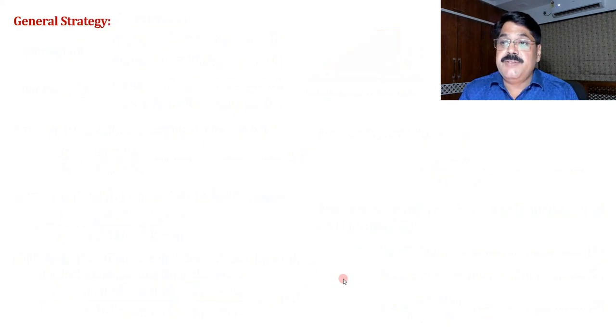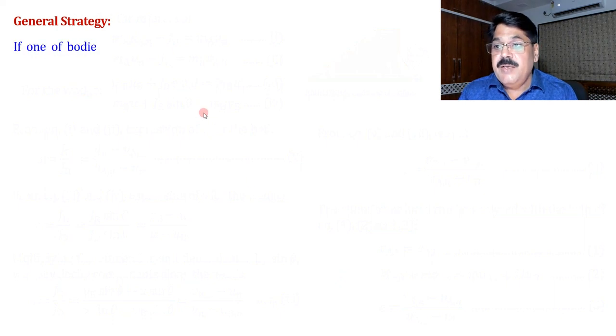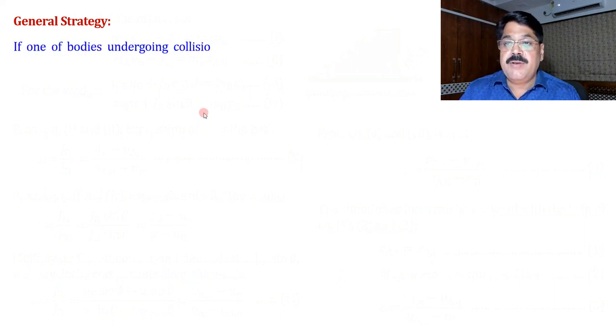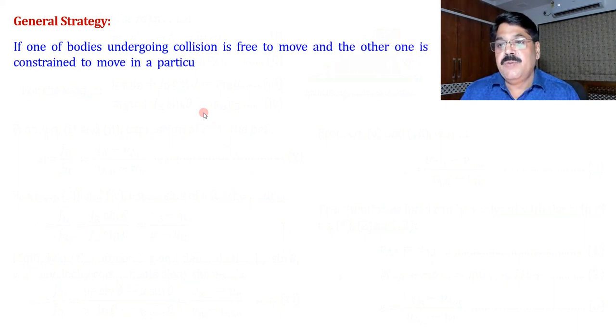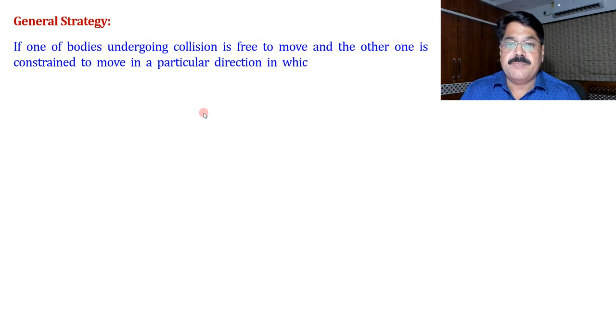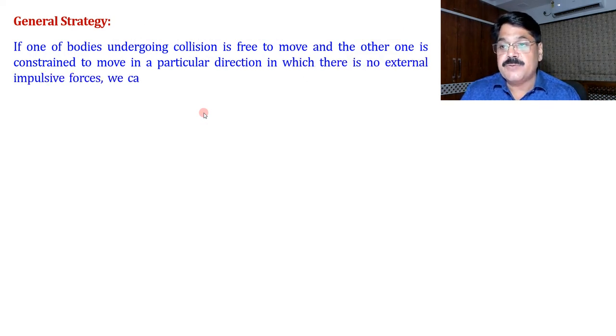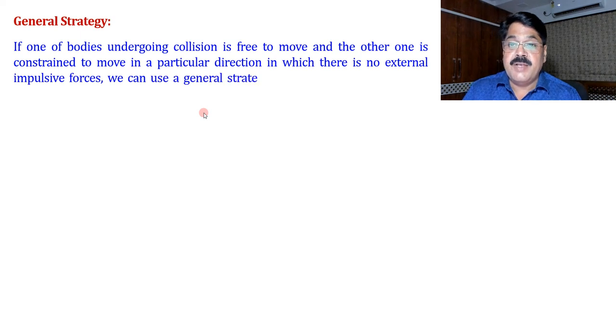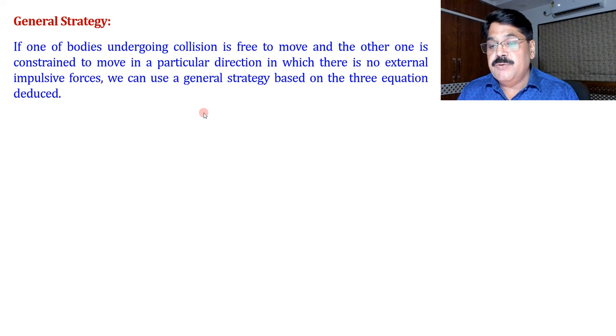The general strategy to analyze such situations: if one of the bodies undergoing collision is free to move and the other one is constrained to move in a particular direction in which there is no external impulsive force, we can use a general strategy based on the 3 equations deduced.